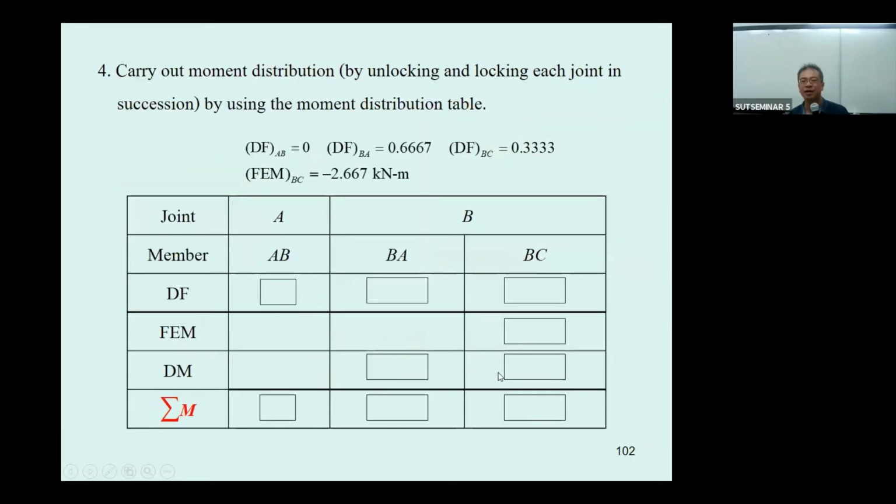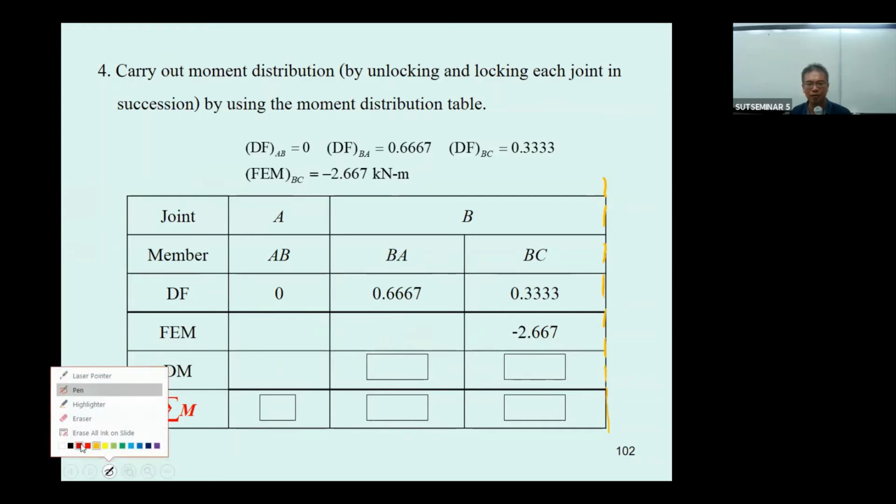Come to the distribution table again. We are going to work only half of the frame. Okay, and then AB is 0, BA and BC. Now we have the fixed end moment of minus 2.667.